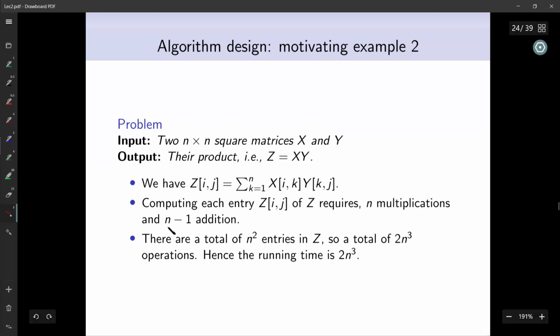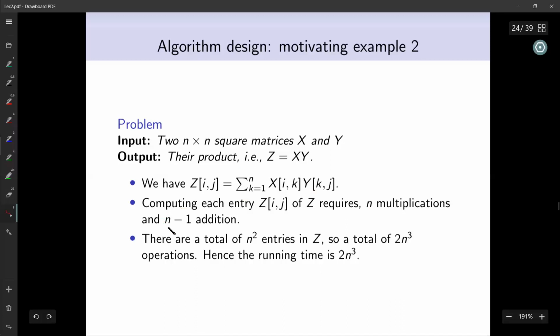Now to compute one entry zij, how many operations do we require? There are n summands here, so n multiplication operations. To sum them up, we require n minus 1 additions. So we require a total of 2n minus 1 operations.